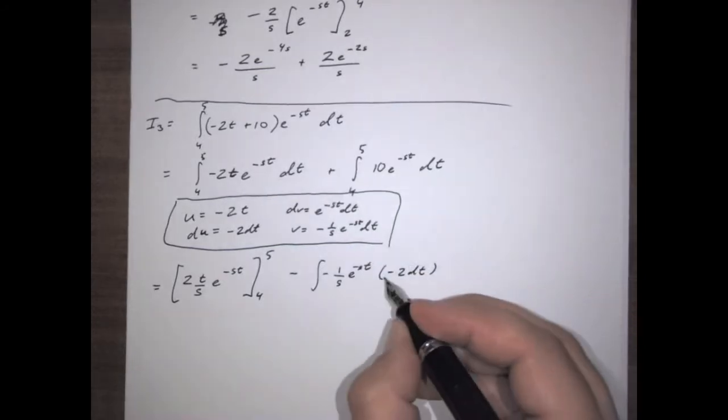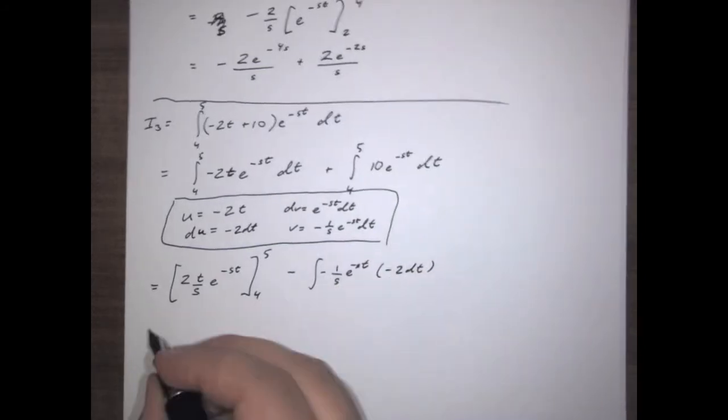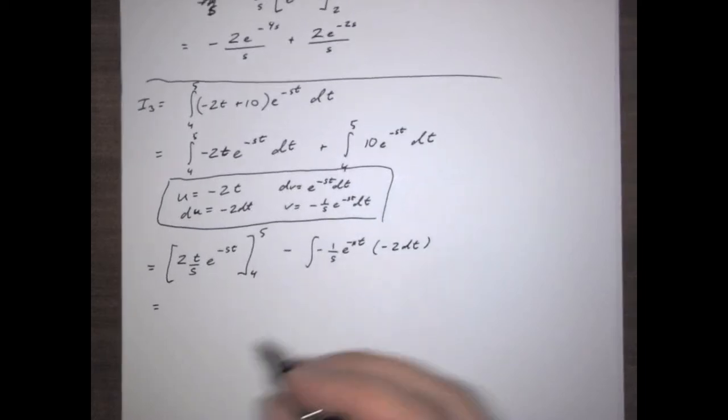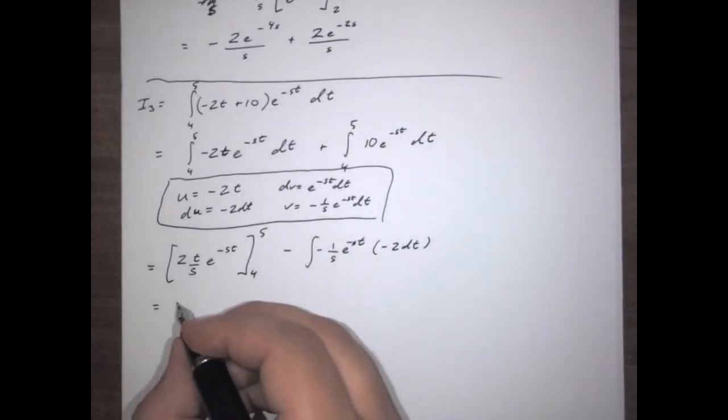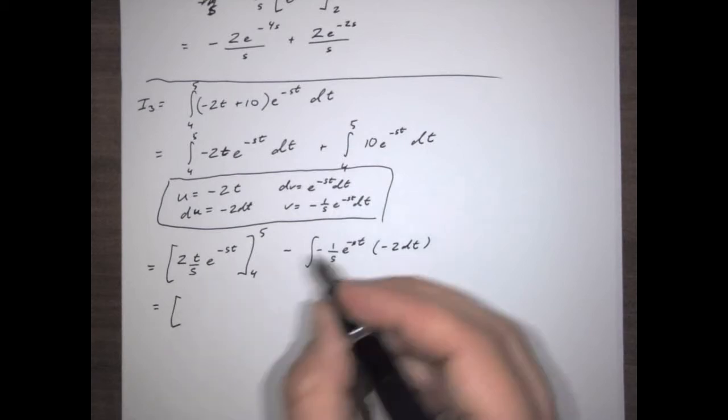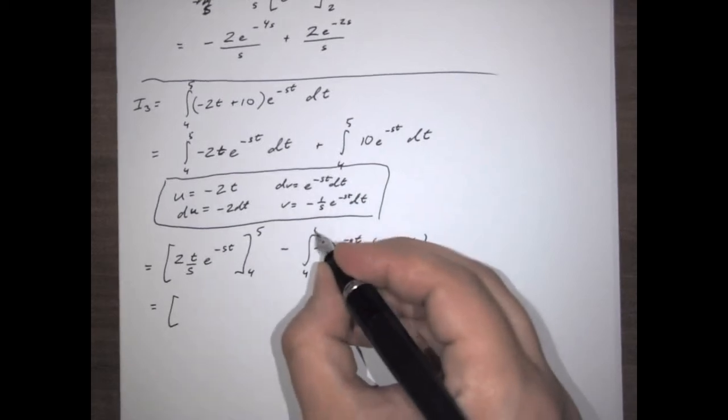So let's see what's going on here. Negative, negative, negative, and then negative, and we're going to have altogether on this one 4 to 5.